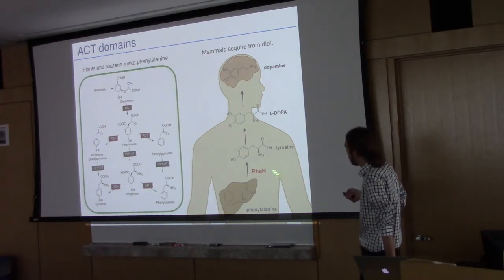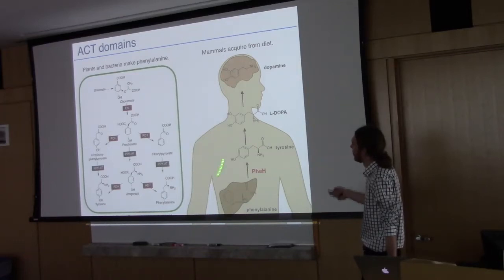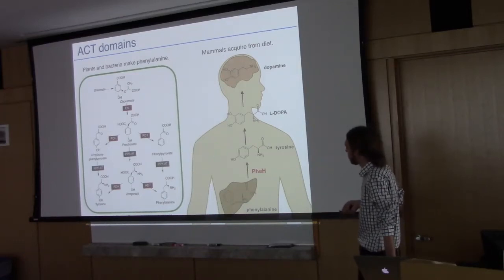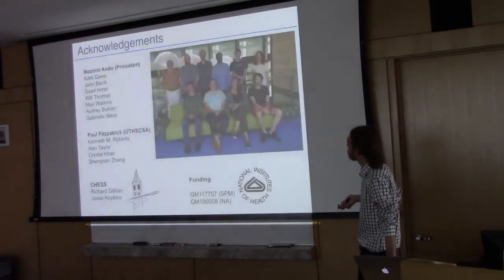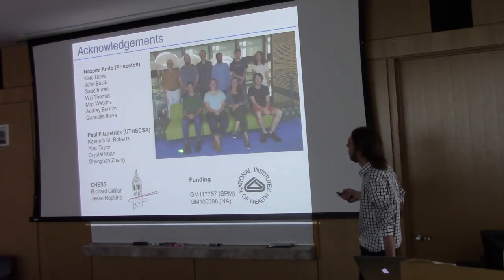And now we know that ACT domains also regulate phenylalanine digestion in liver, which is kind of cool. So it's this mechanism that was common in biosynthesis in bacteria and plants, which is also active in humans.